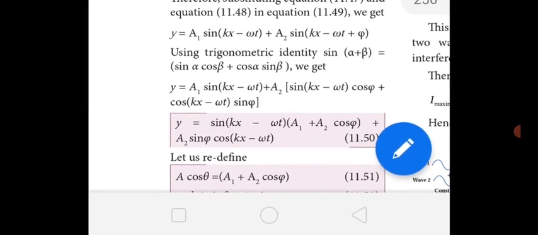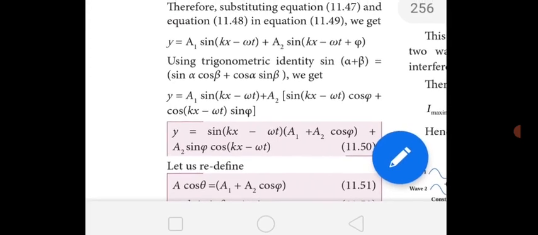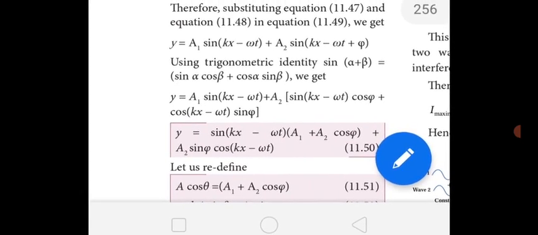A2 is common for these two, which is why we get this equation again. So A cos theta is equal to A1 plus A2 cos phi.